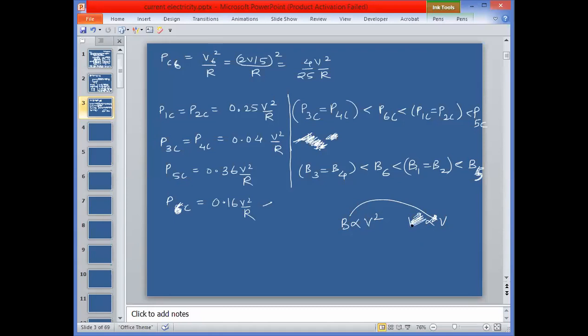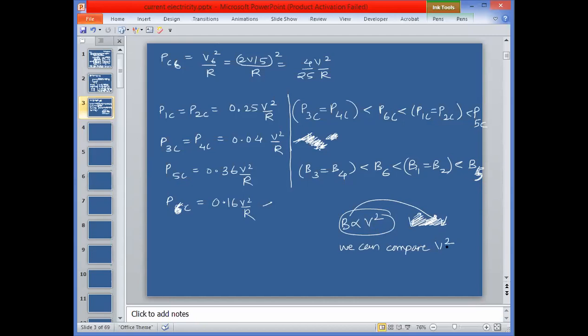मग नुसते व्होल्टेज जरी कंपेअर केले असते तरीही चाललं असतं. Absolutely no problem. Even if you have compared this V, that is also okay. Is this thought clear to all of you? V proportional to V square. We can compare, कारण सगळे R तर इक्वल आहेत.